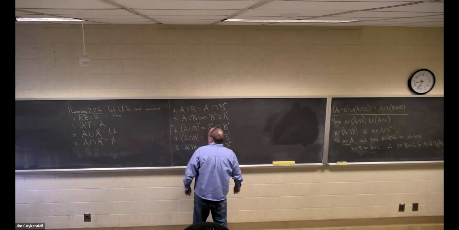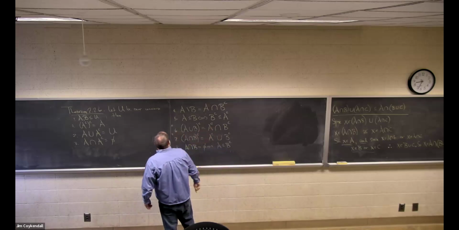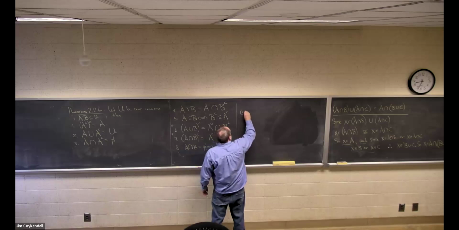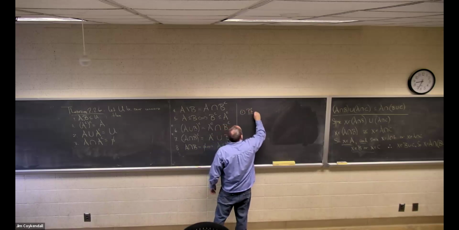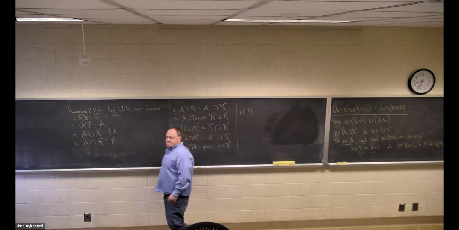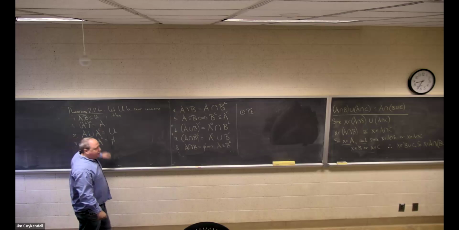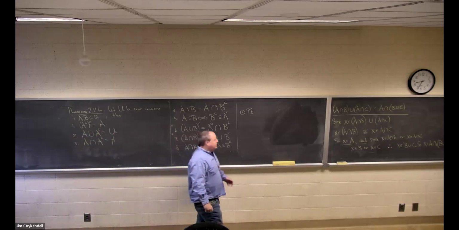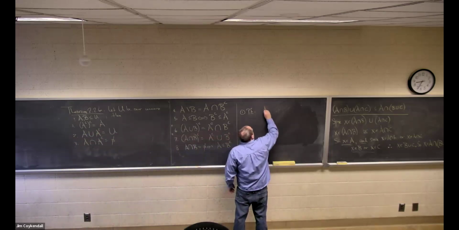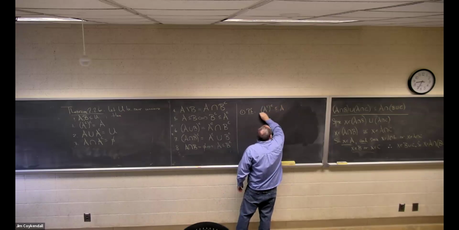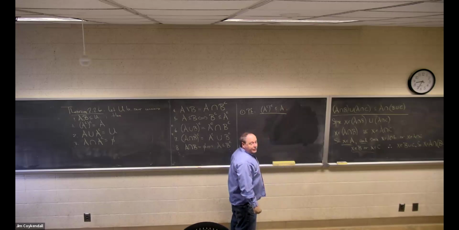Yeah, so let's do 6 and 7. This will illustrate a good point. And we'll do 1 as well. Okay, two sets. I want to show that they're the same. Let's show this first.